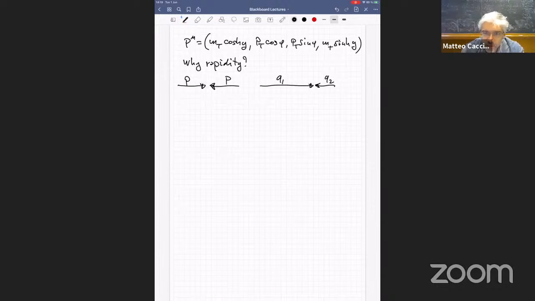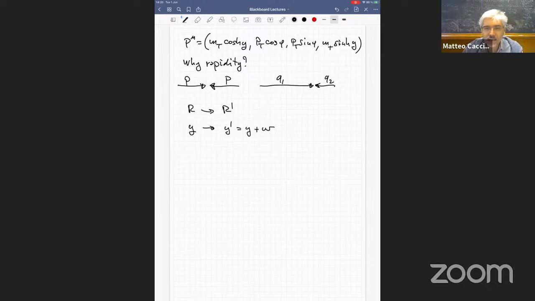And rapidity is such a quantity, because when you go from one frame to another frame, R prime, the rapidity that you have in one frame actually transforms as y prime equals y plus some quantity.